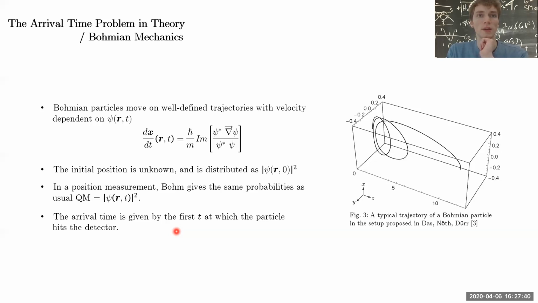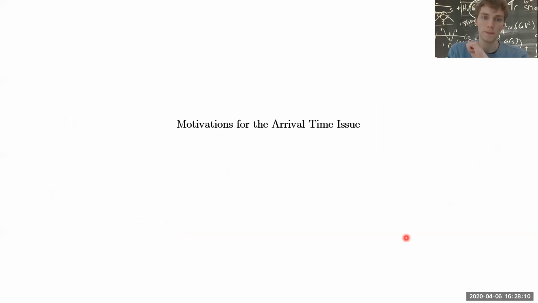I can't claim that I am an expert in that, and I'm not going to speak a lot about it, but it seems that there's hope in the relativistic case as well, but work has to be done. Now, just for your imagination, you can see a typical trajectory here of a Bohmian particle. This is from the setup which we would actually like to do in collaboration with your group.